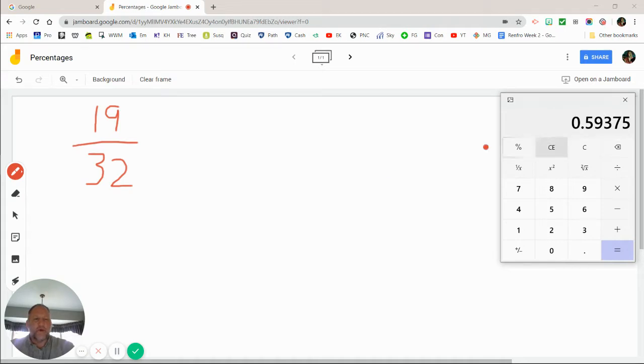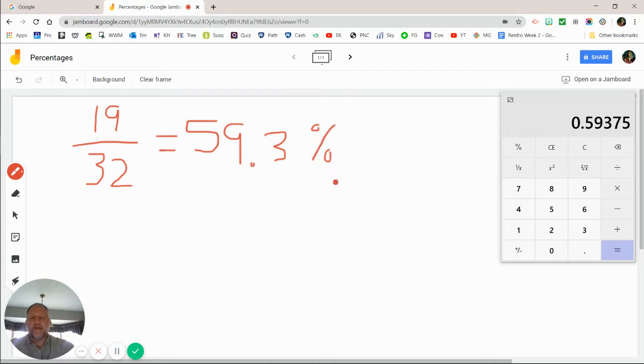That's the decimal form, but I want the percentage form, because I'm asking what percentage of the windows did I paint. Well, I could say 59.3% of the windows, or if I decide to round, I could just call it 59%. 59% of the windows I painted.